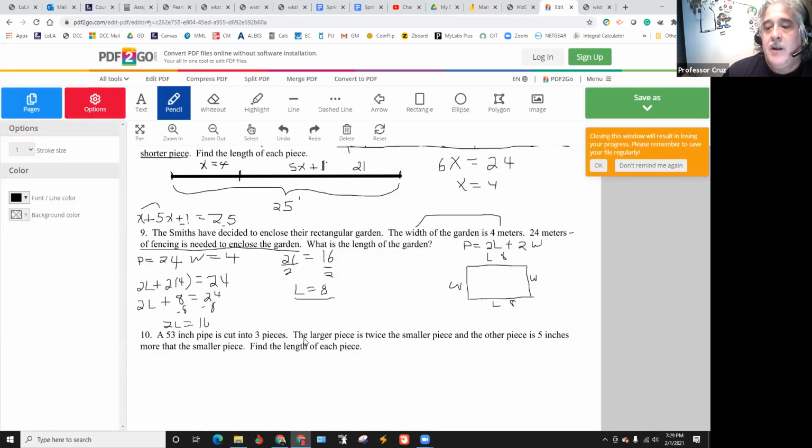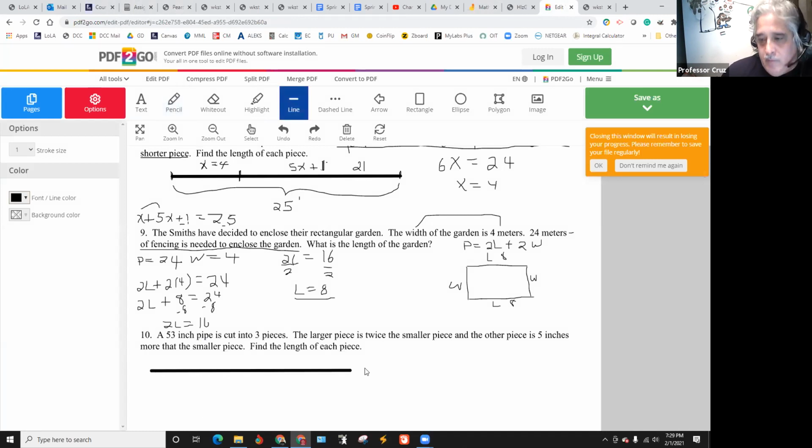All right, the last one here. Again, this is very similar to this one up here. It helps to draw a picture. And again, what information do we have? We got 3 pieces. The larger piece is twice the smaller piece.